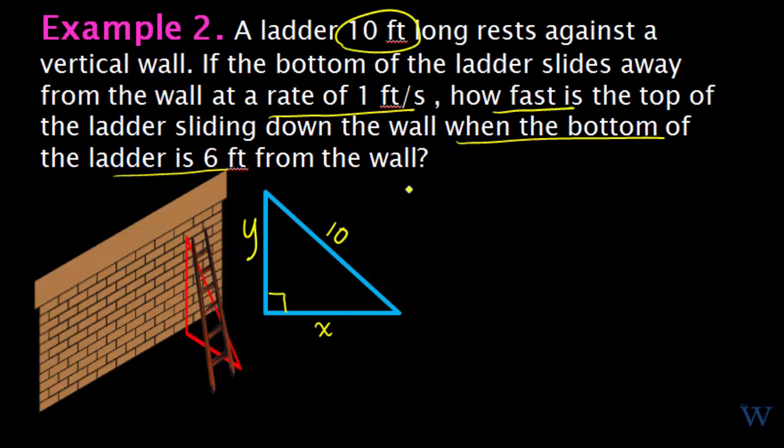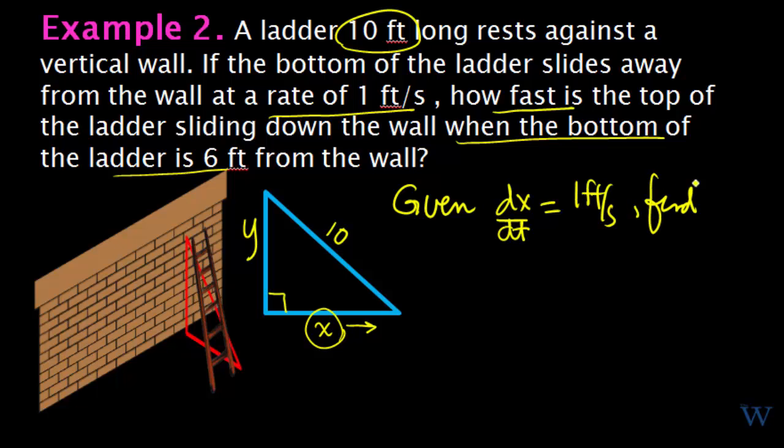So first of all, what's given? What's given is dx by dt, because that's how x is changing as it slides that way. So dx by dt is equal to 1 foot per second, and we are to find dy by dt. In other words, how fast the top of the ladder is going down as the bottom slides away from the wall.